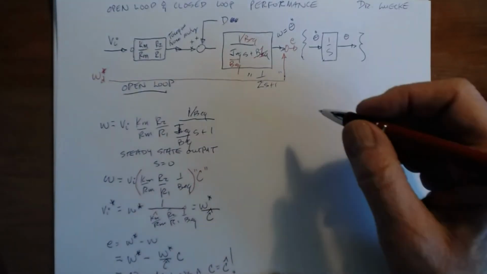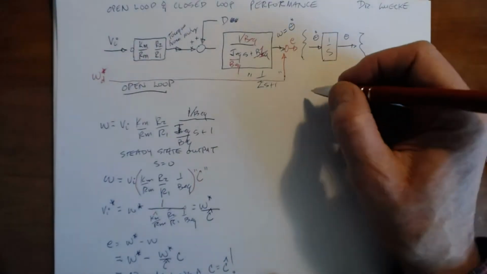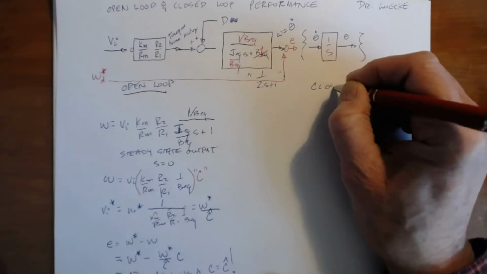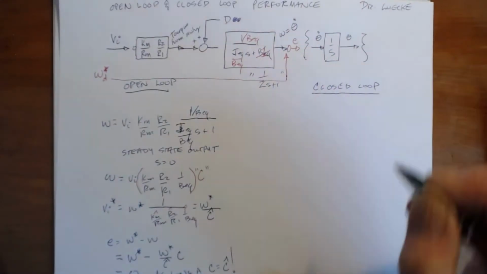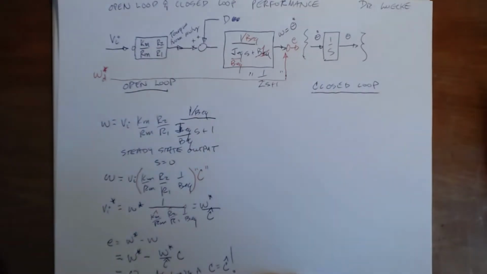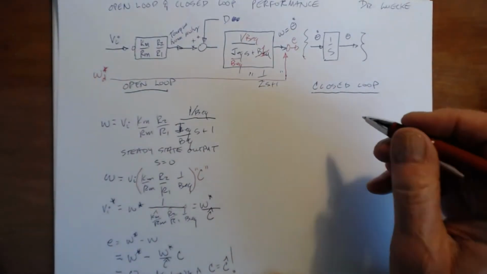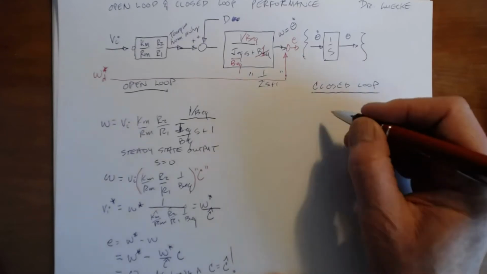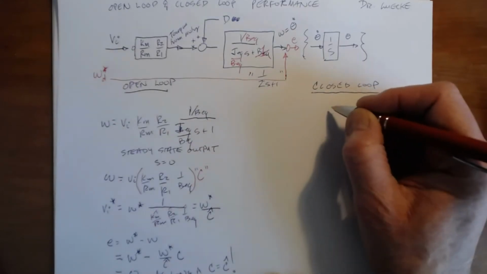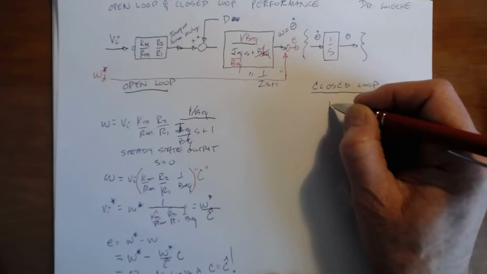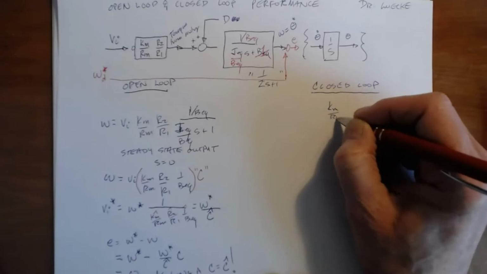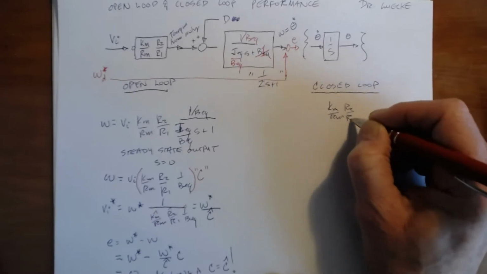So now I'm going to draw a different block diagram. This is going to be the closed loop block diagram, and now I'm going to use my magic control law. First I'm going to draw this: Km over Rm, R2 over R1.